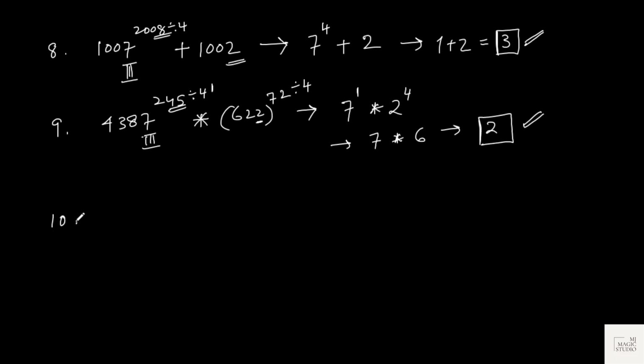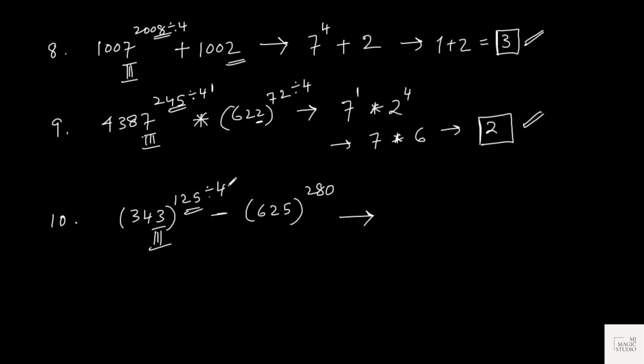Bingo. One more before we move into different types of questions. Let's quickly give me the value of last digit of 343 to the power 125 minus 625 to the power 280. Okay, so quickly type 3, 125 divided by 4 will leave remainder 1. We are looking out for last digit of 3 to the power 1, that is 3.